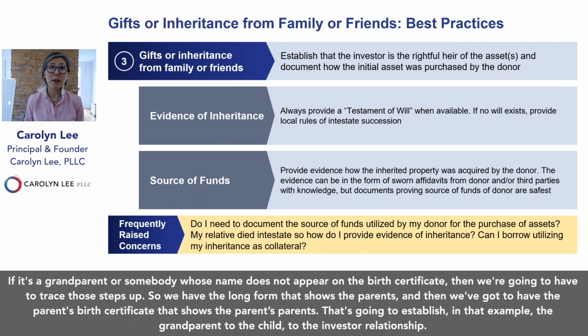If it's a grandparent or somebody whose name does not appear on the birth certificate, then we're going to have to trace those steps up. So we have the long form that shows the parents, and then we've got to have the parent's birth certificate that shows the parents' parents. That's going to establish, in that example, the grandparent to the child, to the investor relationship.